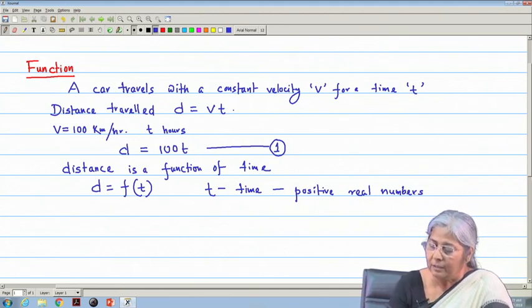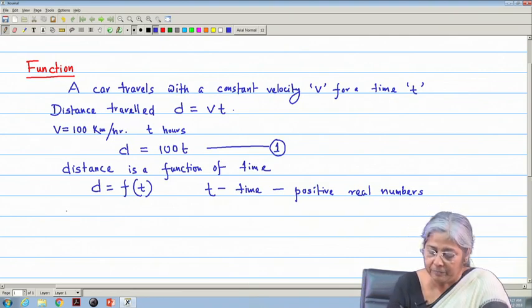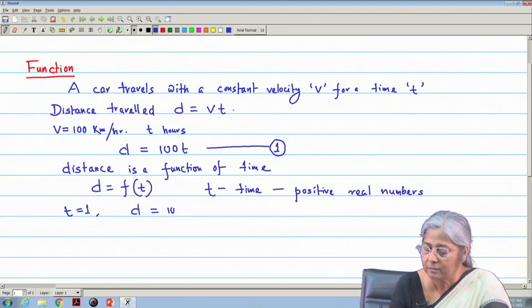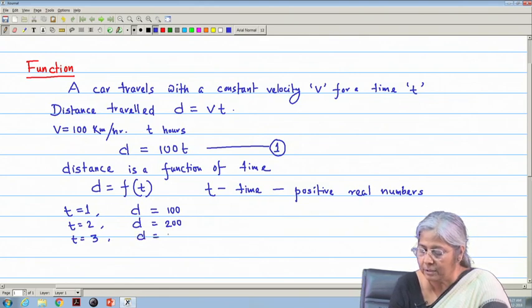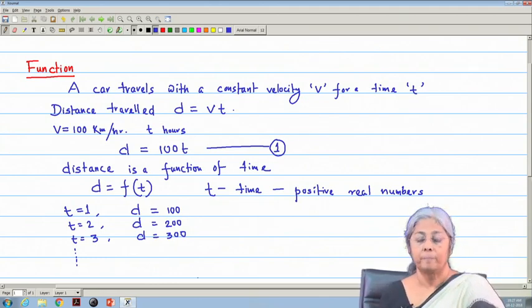Initially I am taking only integer values. Say for t equal to 1, my d equal to 100. For t equal to 2, d equal to 200, t equal to 3, d equal to 300, like that, since it is a constant velocity, say 100. So, I can get this type of value.